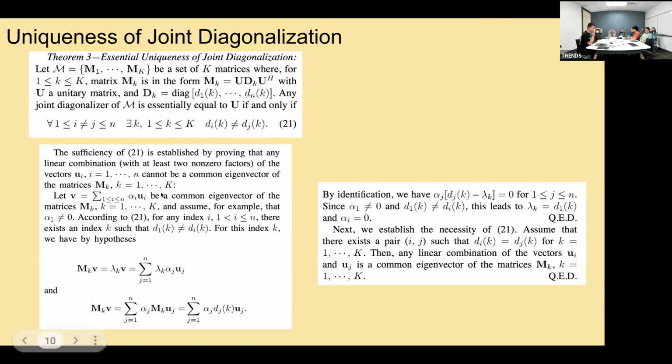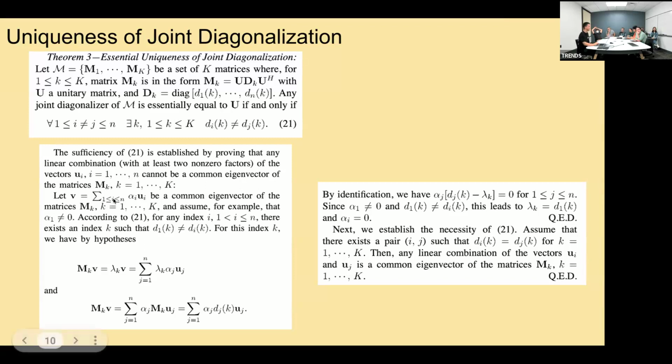But how to prove that? All of these theorems try to establish sufficiency by proving that for at least two rows of U, their linear combination cannot be a common eigenvector, which is an eigenvector for all of the K matrices.